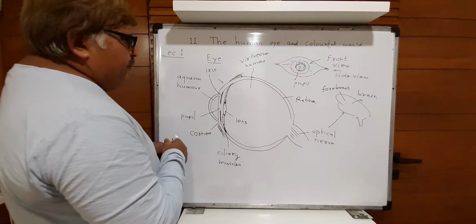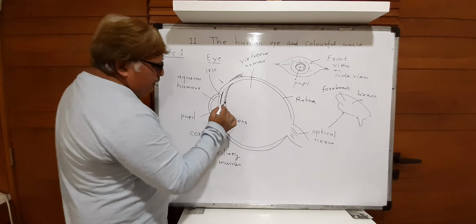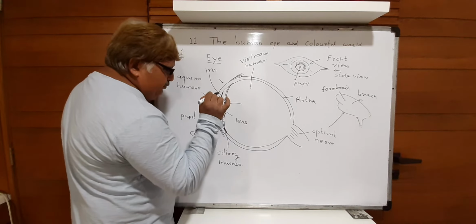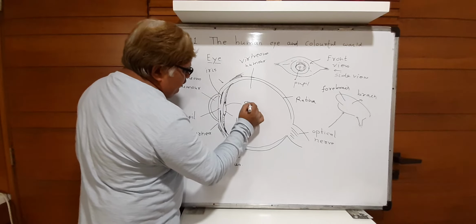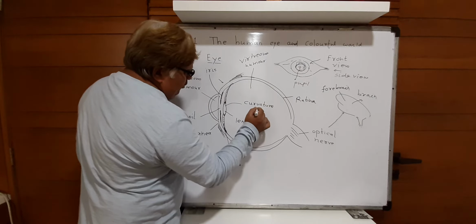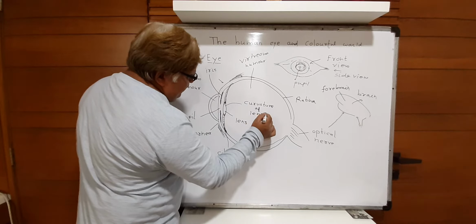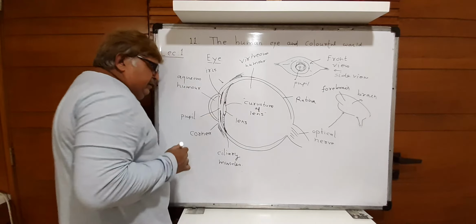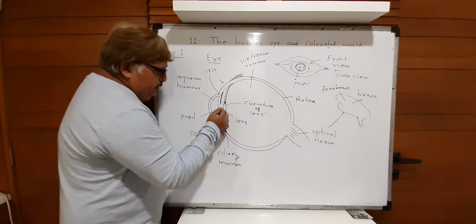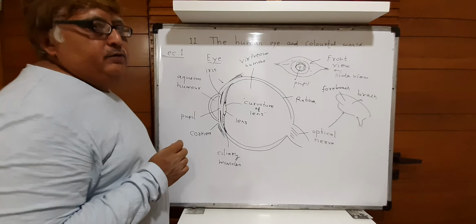Size in the sense, I must use one word: the ciliary muscle has the capacity to adjust the curvature of the lens.